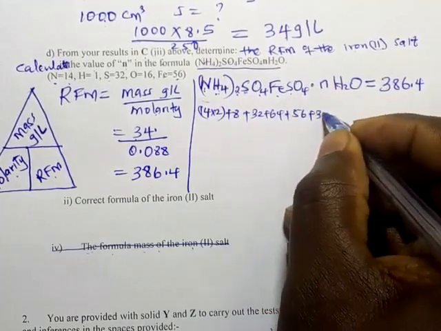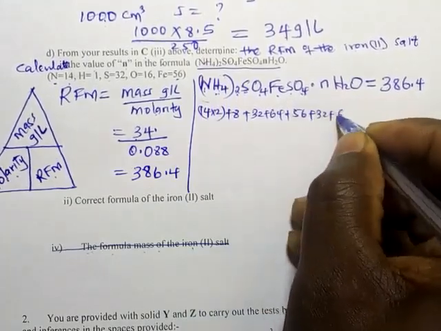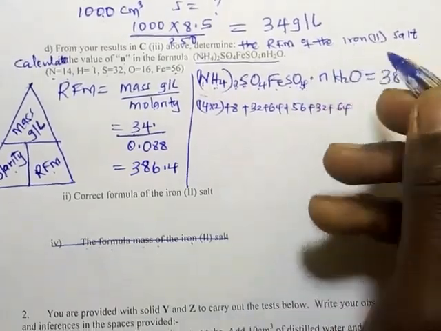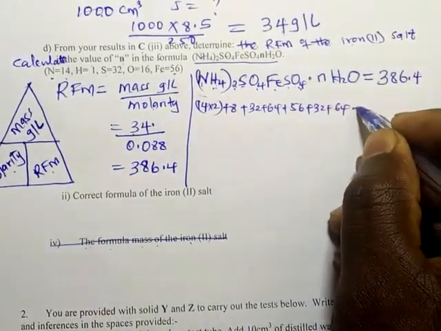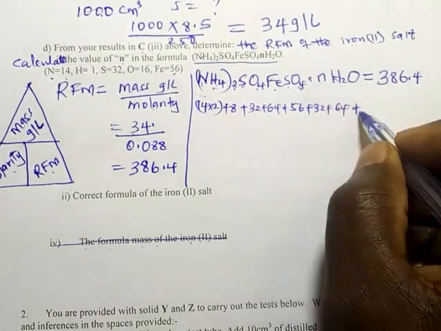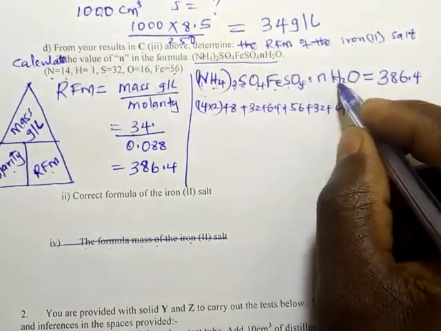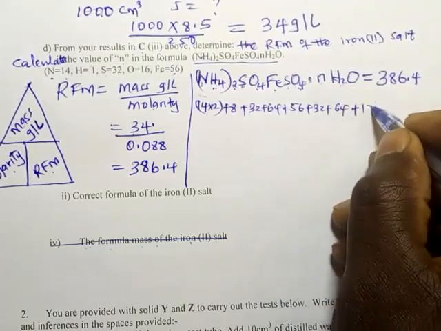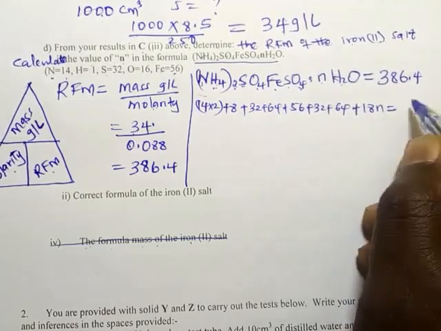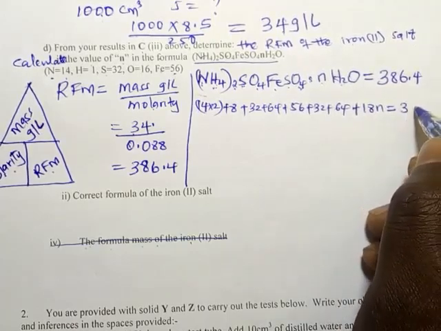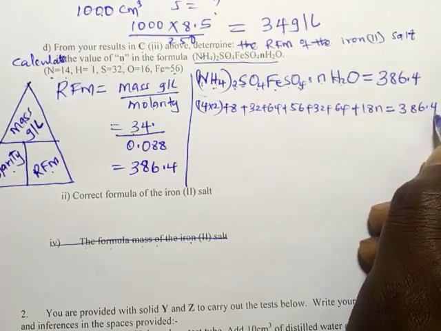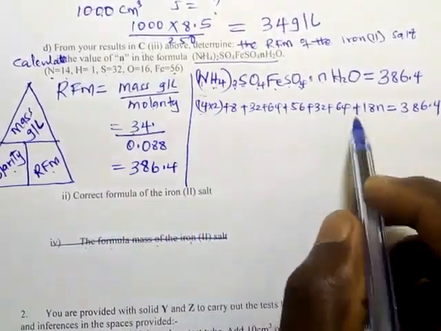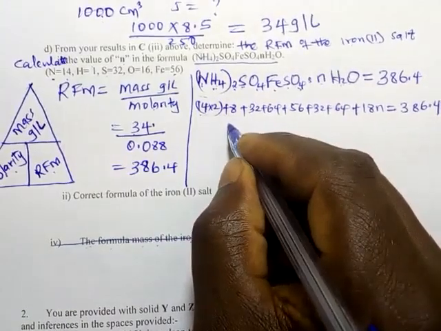Sulfur is 32, this one is 64, that is 16 times 4, plus, because this dot is a separation, water is 16 plus 2, which is 18. 18 times this, it is 18N, which is equal to 386.4.